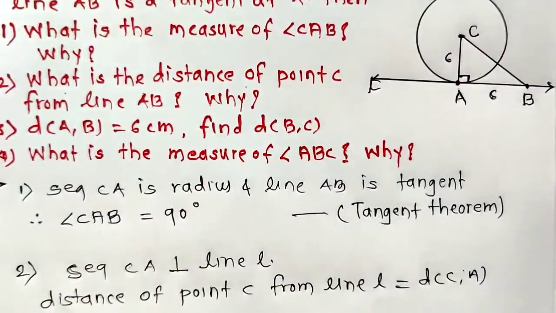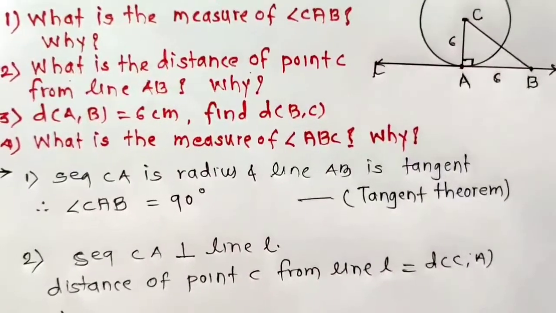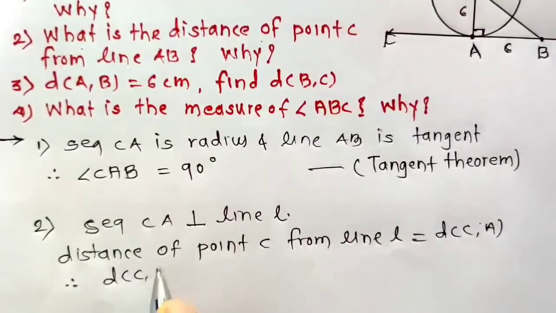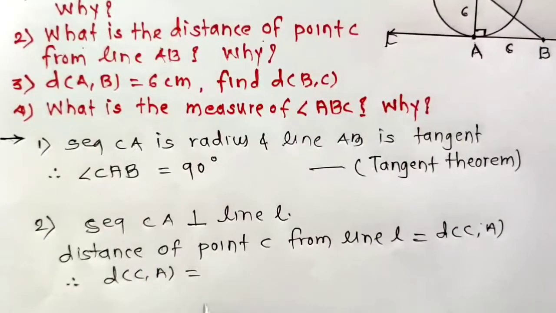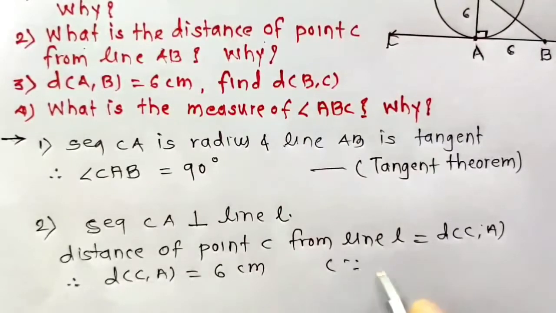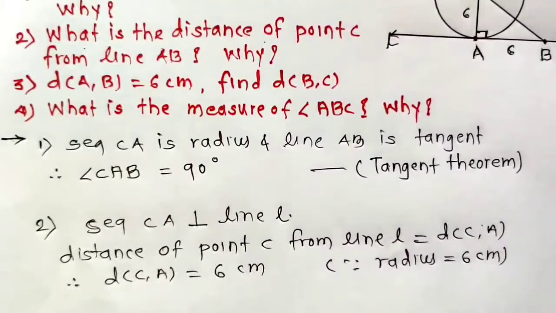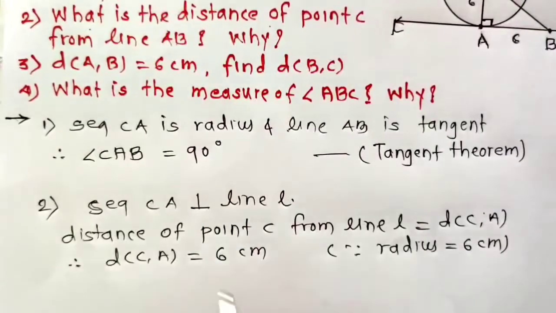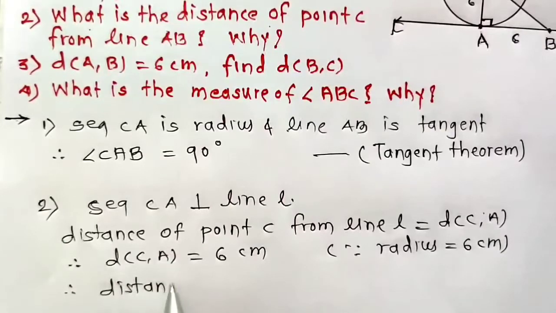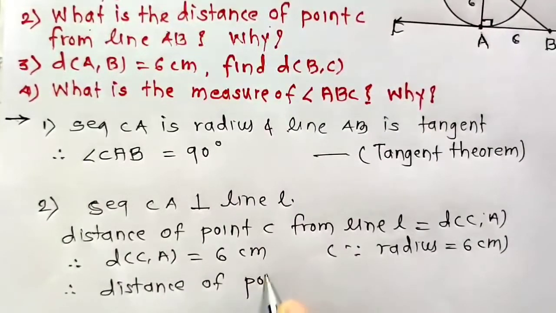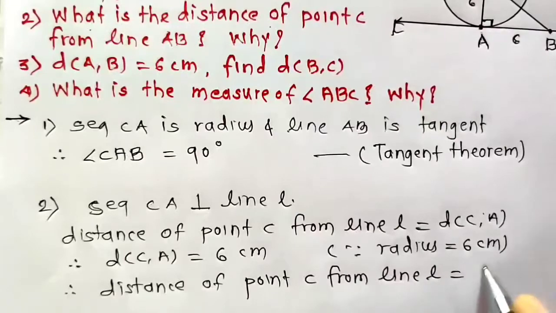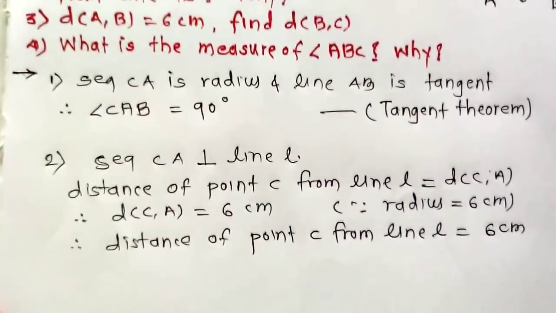Here CA is given, therefore distance CA is equal to 6 centimeters, since the radius is 6 centimeters and CA is the radius. Therefore the distance of point C from line L is equal to 6 centimeters. We get the answer.